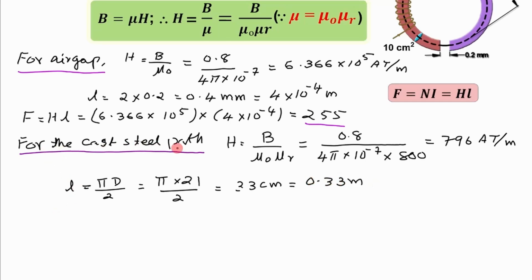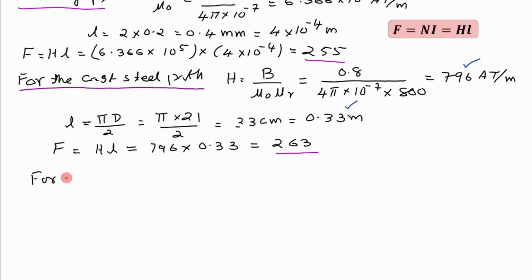Therefore, for cast steel path, the MMF or ampere turns required F is equal to H into L, here H is 796 and L is 0.33. This is equal to 796 into 0.33, that is equal to 263.